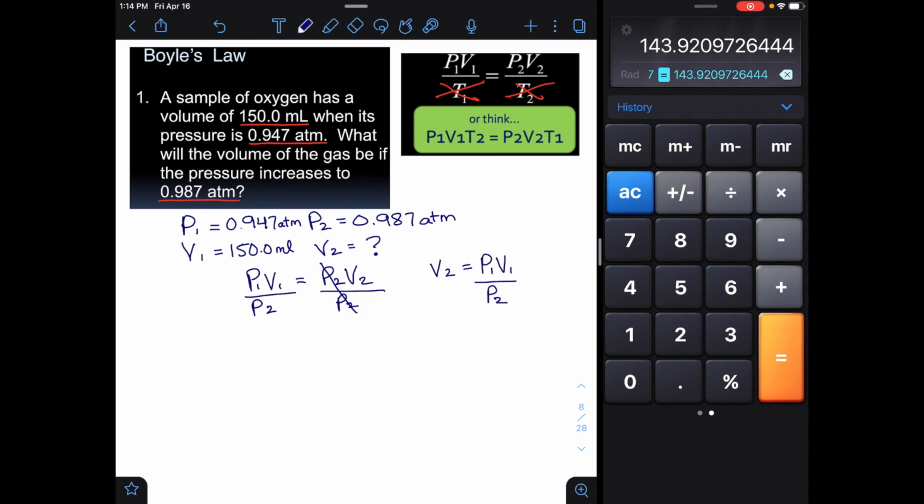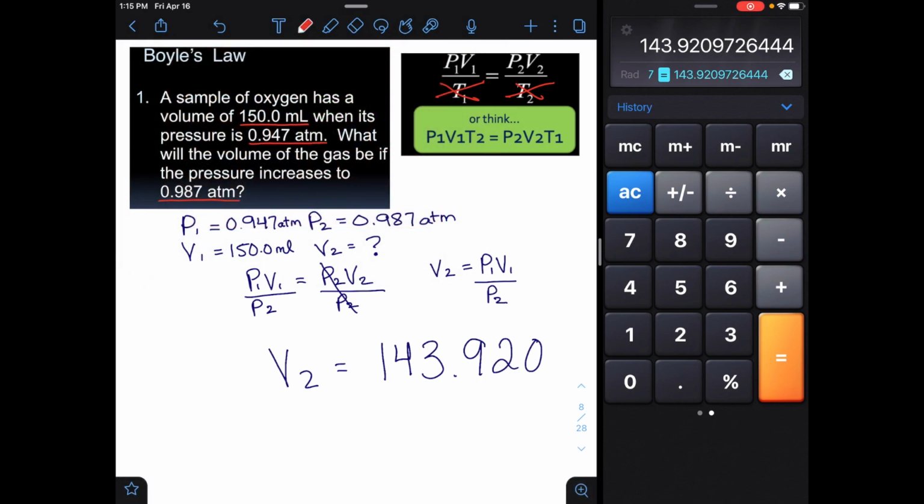And this is where sig figs count, right? So I get a V2 equals 143, but I want to check my sig figs. It's 143.920, blah, blah, blah. But up here I can see I have 4 sig figs, here 3, so my answer should only have 3 sig figs.